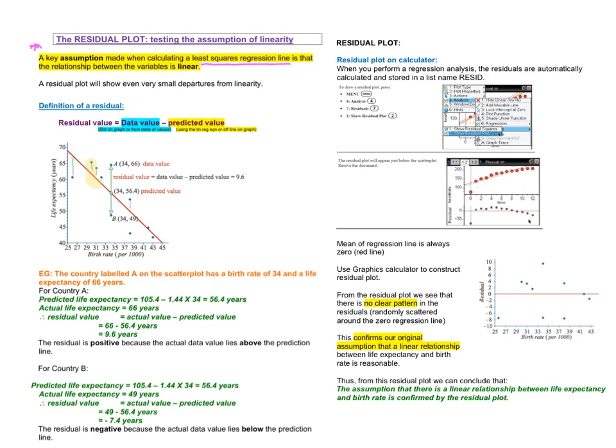What the calculator does is calculate all of those residual values and create a residual plot. So if you have your axes here, you still have all your x values along here.